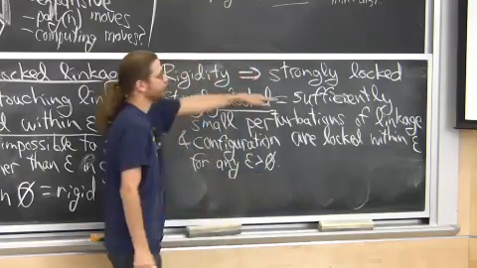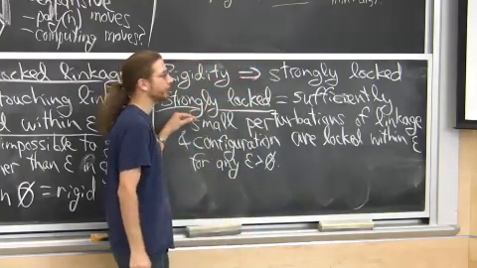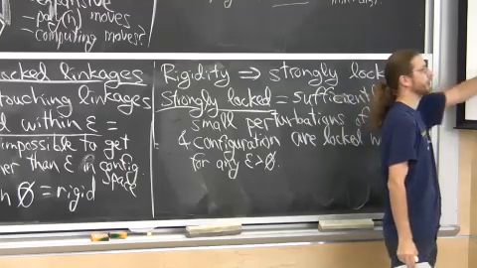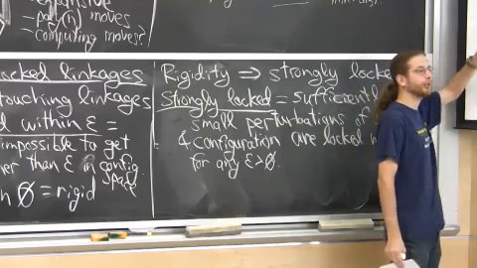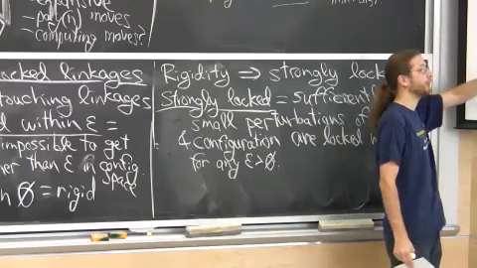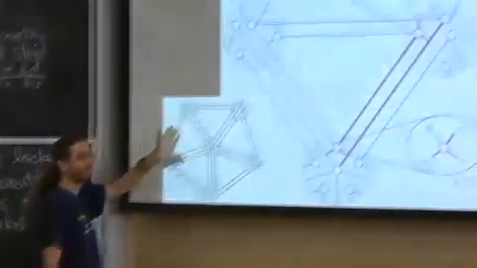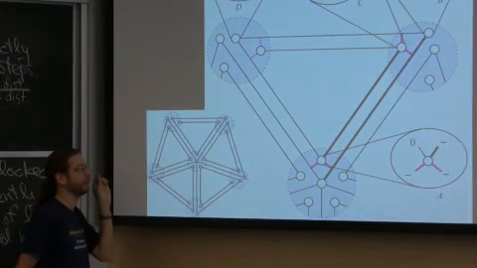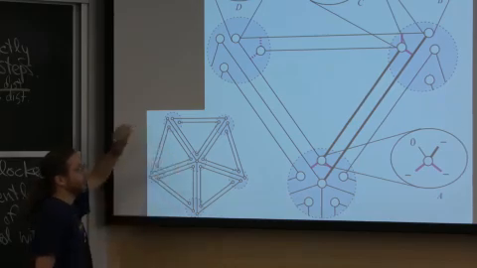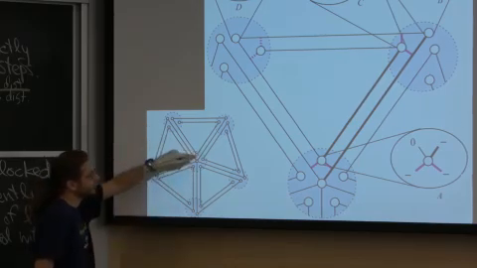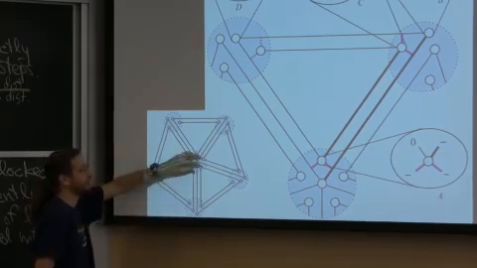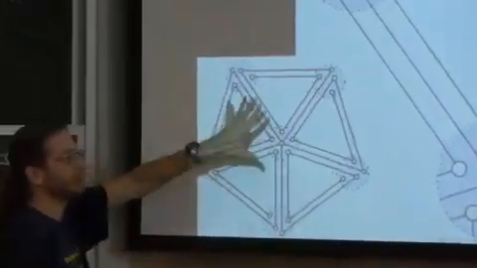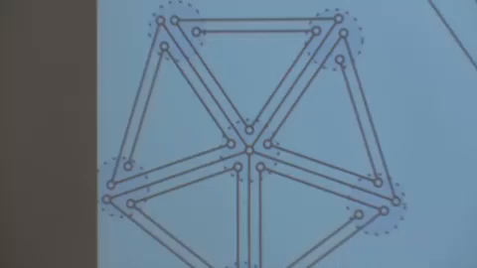There's some notion of sufficiently small, such that if I take this example and imagine currently all the vertices are on top of each other, but now I perturb it a little bit, which involves changing not only the vertex coordinates, but also the edge lengths, but a tiny amount, some delta, that's a function of epsilon. Whatever epsilon you choose, there's a very small disk I can draw like this, such that as long as all the vertices stay within that disk, your example will be locked within epsilon.